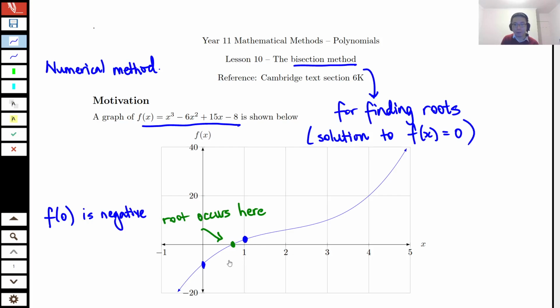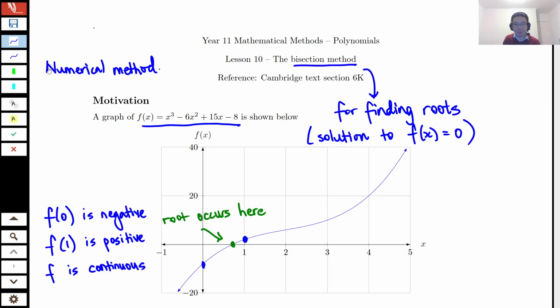However, if I look at the point x equals 1, I can see it's positive. And f is continuous. We haven't defined what it means for a function to be continuous just yet. For now, a simple definition will suffice. I'm going to say a function is continuous if I can draw it without lifting my pen.